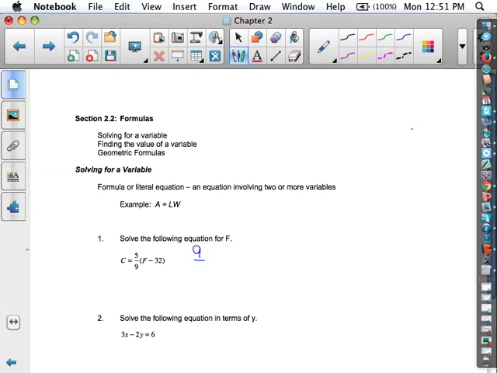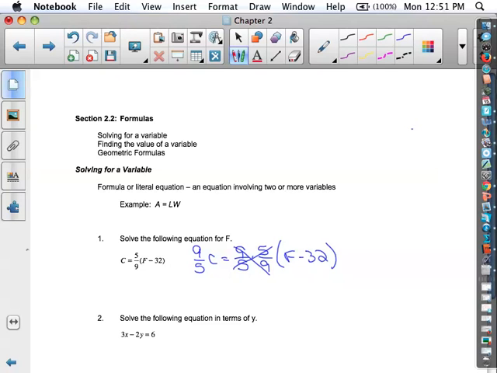So I'll have 9/5 c is equal to 9/5 times 5/9 times f minus 32. So you can see here, when I cross multiply, I'm going to get 45 over 45, which is 1. So I can just cancel those out.